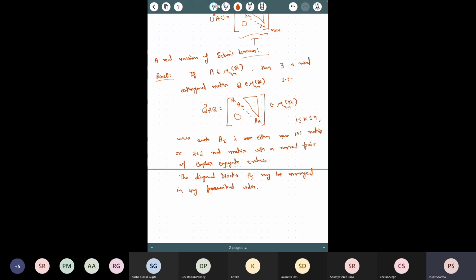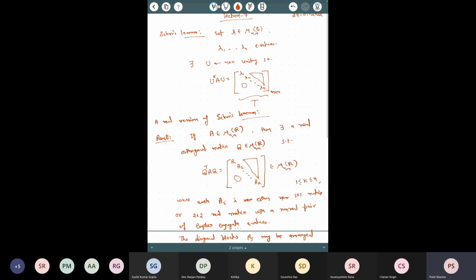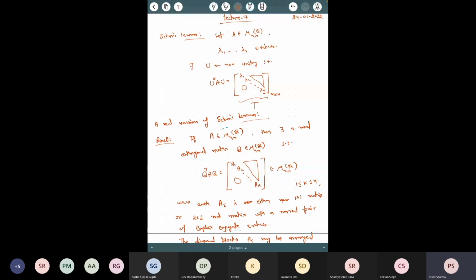So you can see that it is parallel to what we had for complex matrices. For a complex matrix it will have n eigenvalues, so we can arrange them in some order, lambda 1 to lambda n. For a real matrix we know that either it will have a real eigenvalue or it will have complex eigenvalues in pairs. If lambda is a complex eigenvalue, then lambda bar is also an eigenvalue.